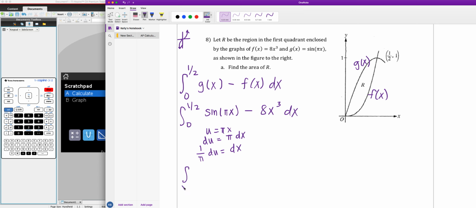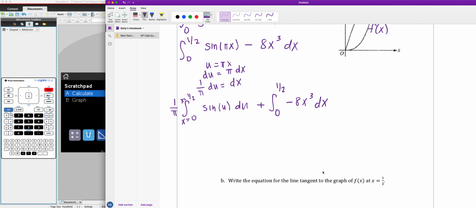So I get the integral as x goes from 0 to 1/2 of sine of u, but then to replace the dx piece, I pick up a 1 over pi in front, and then my du, plus the integral from 0 to 1/2 of the negative 8x cubed dx, which I can integrate using just the power rule.